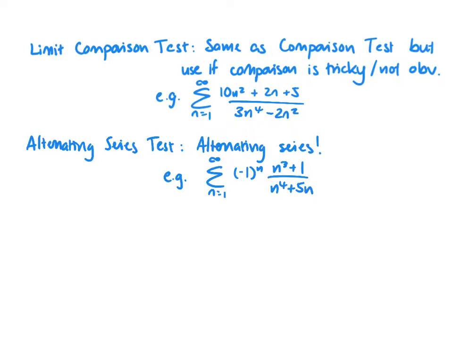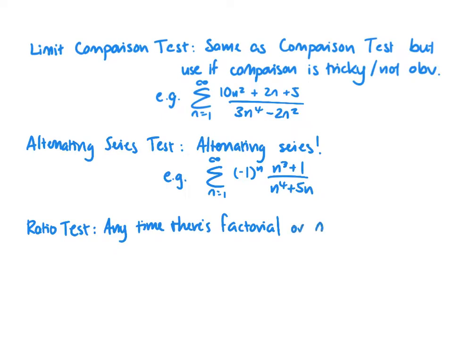All right, and finally, the newest test we have is the ratio test. What are some clues here? Anytime there's a factorial, I would certainly think about the ratio test first. And then anytime I'm dealing with multiple different types of functions, I might consider using the ratio test.